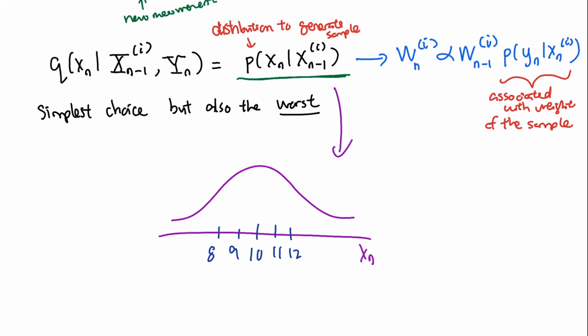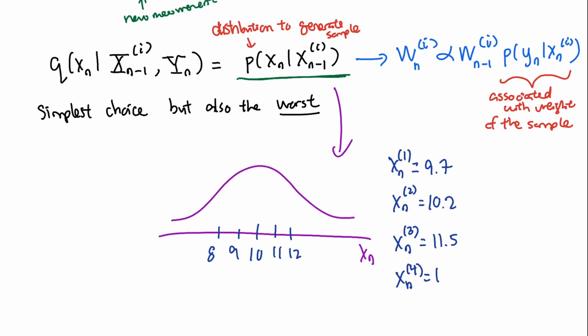So the first time I generate xn, it might be 9.7. The second time, it might be 10.2. Third time, it might be 11.5. Fourth time, it might be 10.3. You see that if I generate from this, this is most likely the type of samples I will get, right?